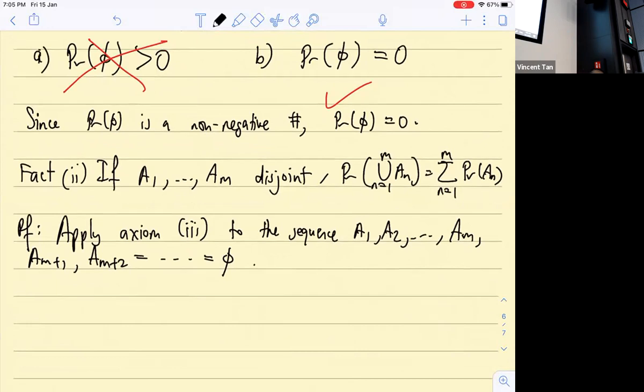So basically, once we have that the probability of a countable union is equal to the infinite sum, we also know the same for the finite union.